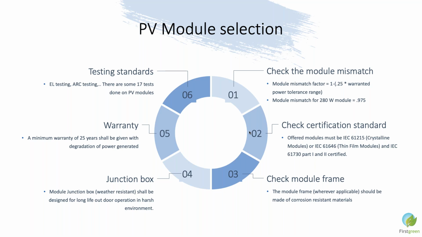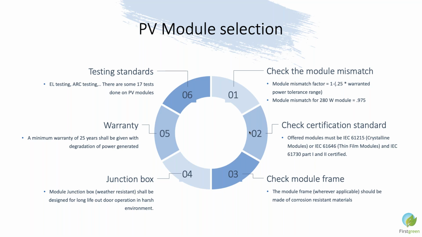Then you should also check what type of warranty they are providing. Typically, module suppliers provide a 10-year product warranty and a 25-year performance warranty with certain degradation conditions. And you should also check what kind of testing protocols or testing standards apply. Typically, once the module is made, manufacturers carry out almost 17 to 20 types of tests, like the hailstorm test or PID test, and there is a list of those tests available.